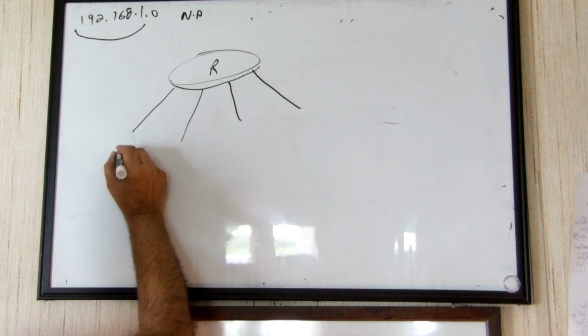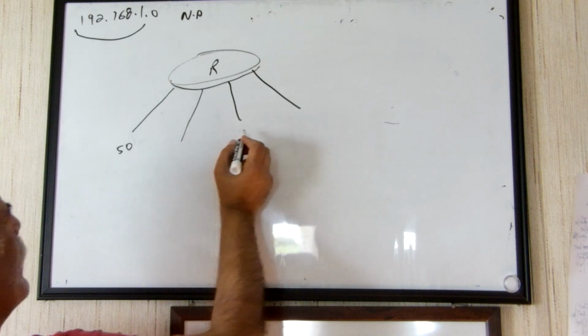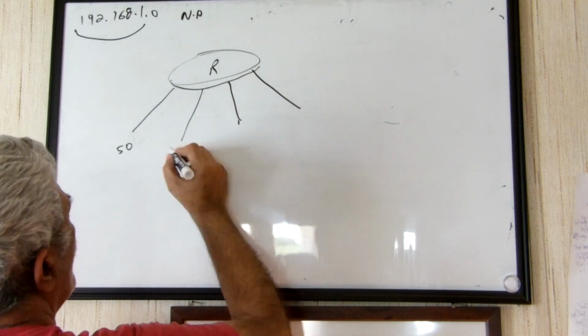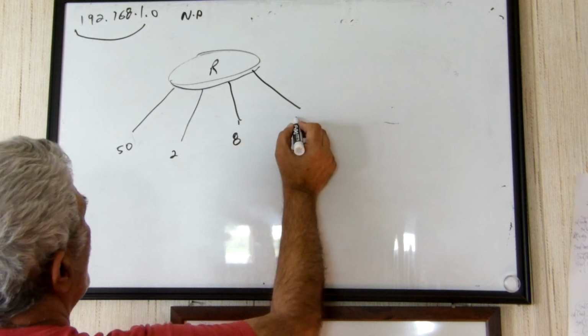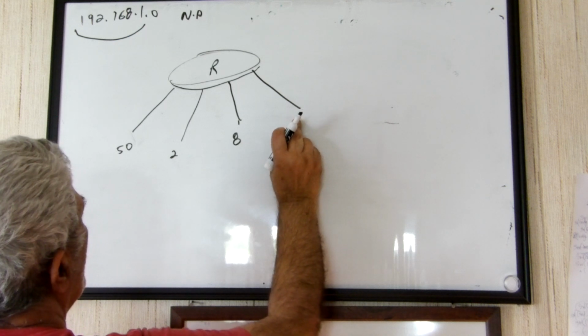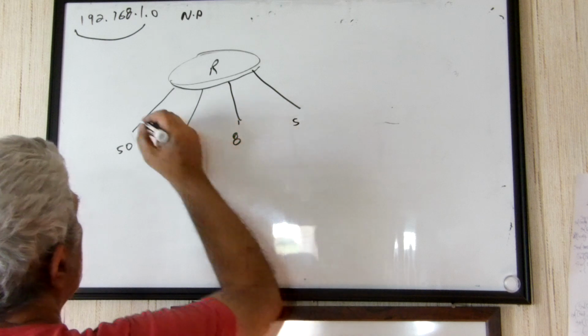There are 150 computers, for example 50 computers, and that's 64.